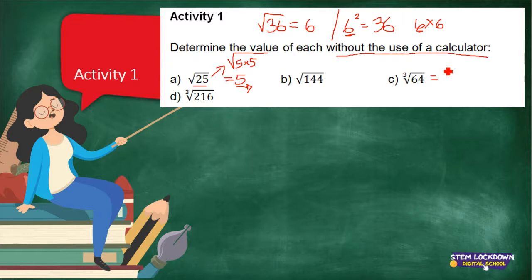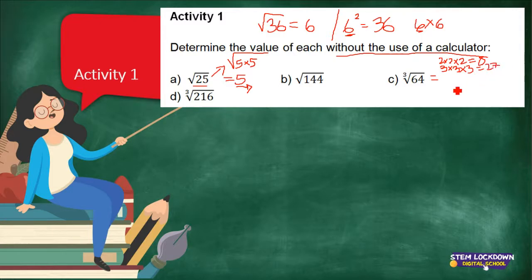Let me try 1. It's not 1. Let me try 2. 2 times 2 is 4, times 2 is 8. So it's not 2. Let me try 3. 3 times 3 is 9, times 3 is 27. So it's not 3.